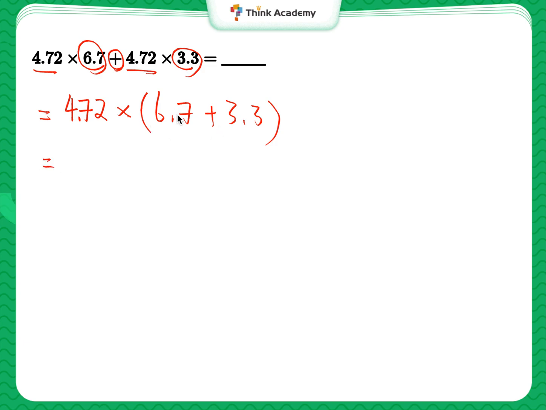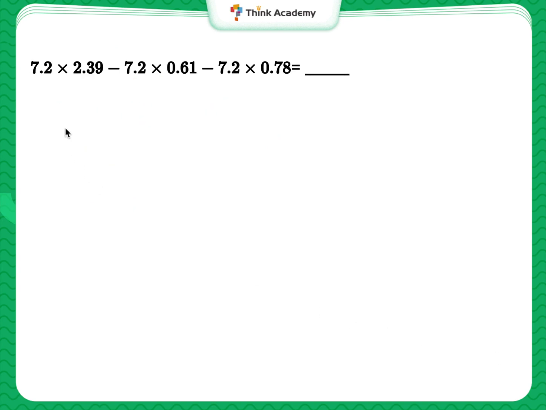We know that what's in the brackets adds up to 10. So the calculation becomes 4.72 times 10, which is going to be 47.2.